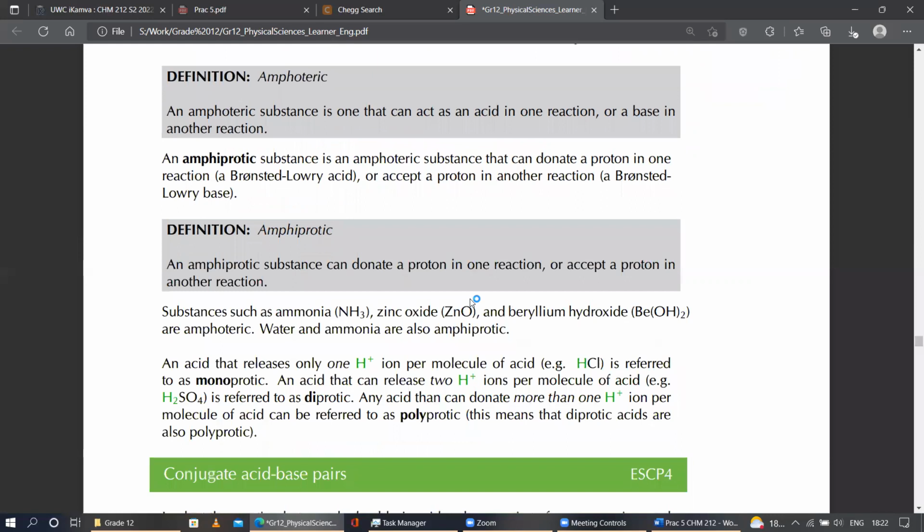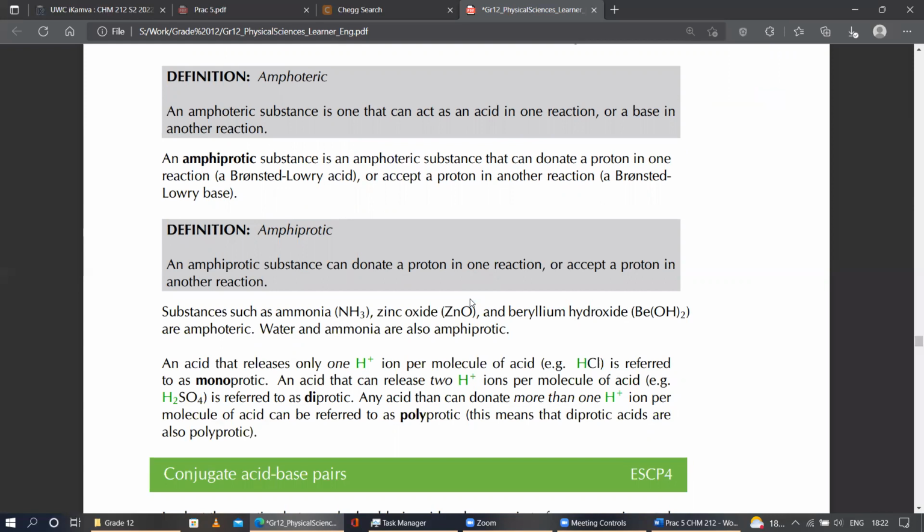So I'm pretty sure you guys are aware of amphoteric substances, which can act as both an acid and a base depending on the conditions of the reaction.